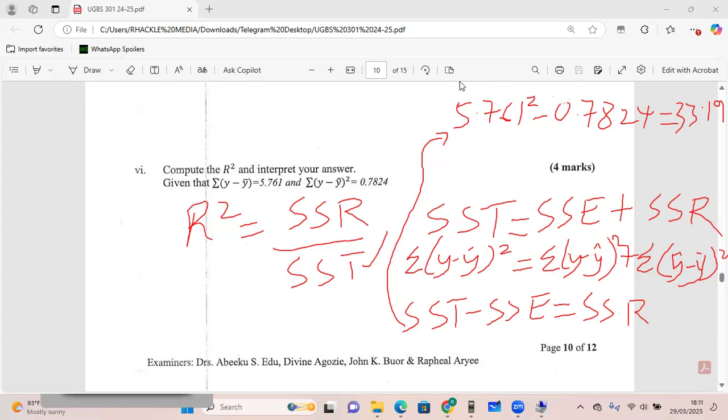Right. So now we've gotten the what? SSR to be 33.19.